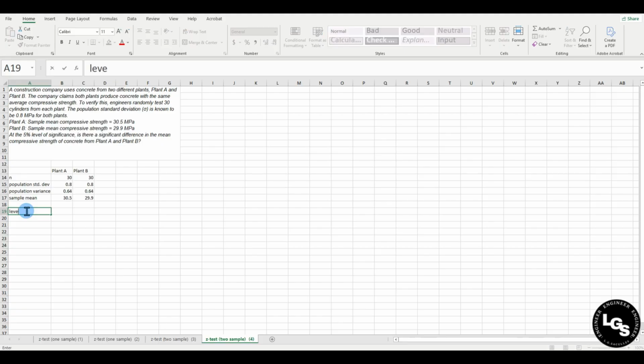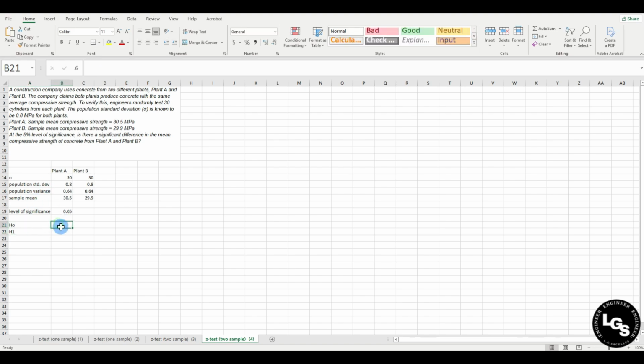And the given level of significance is 0.05 or 5%. So we need to write the H0 and H1, or the null and alternative hypothesis respectively.